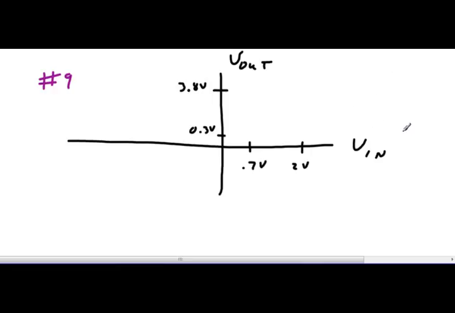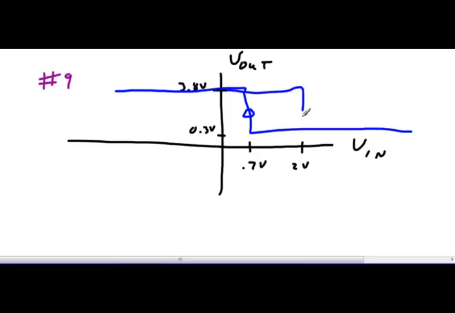Okay, so that means when I'm high, it will be low, and when it's low, I will be high. So I'm going to be coming in like this. I hit there, I go up, and I go that way. When I go back the other way, I come this way, and then boom, I go down like that. There is my transfer function.